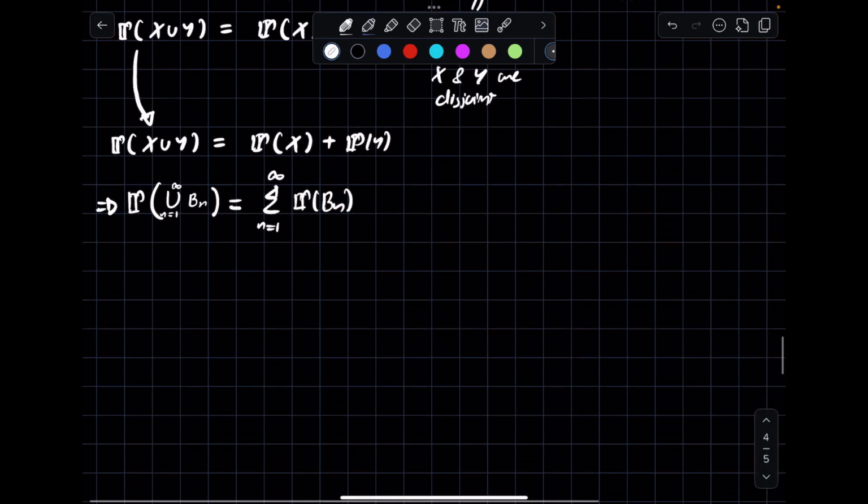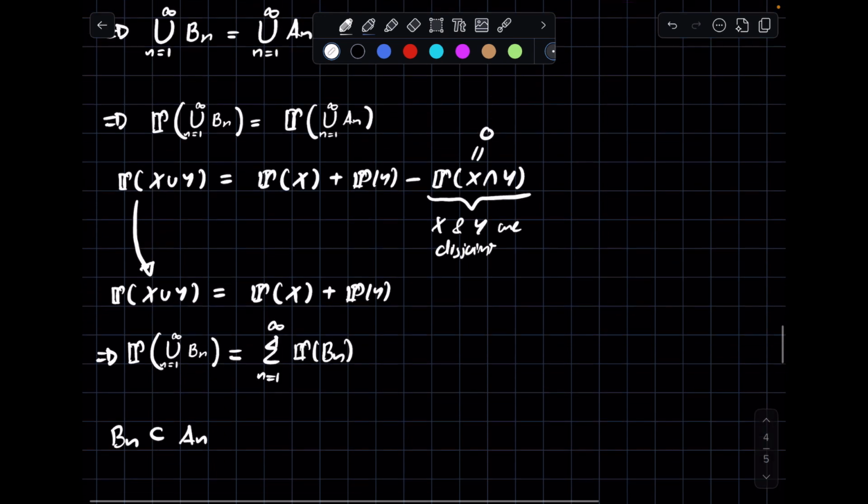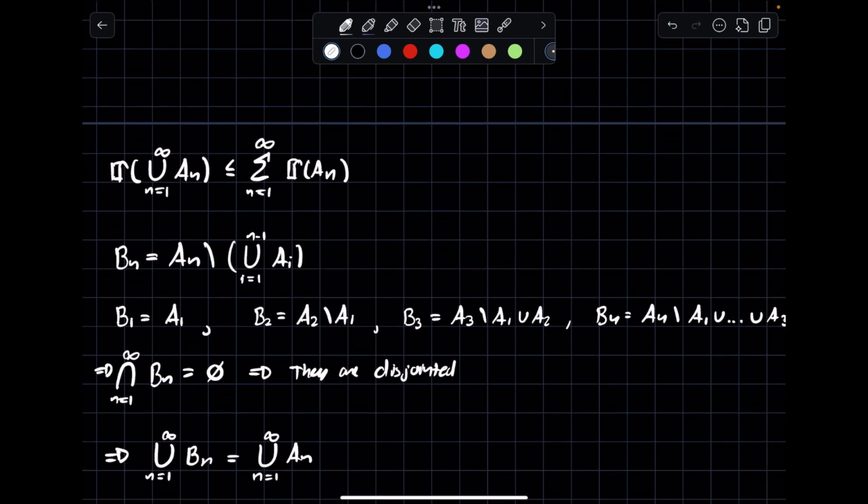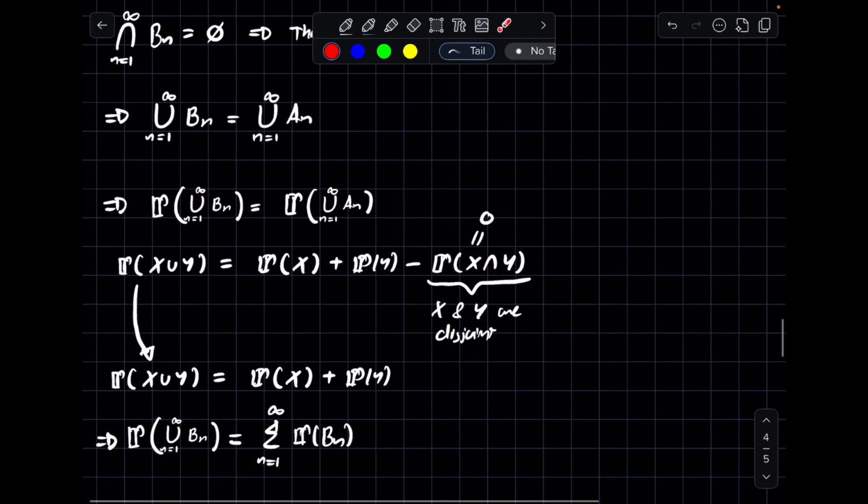Now, we know that Bn is a subset of A of n. Why do we say that? Because Bn does not include A2 or whatever. Maybe A1 is not disjoint, you know? Maybe A2, for example, could not be disjoint with this one. That could be a case. So in that situation, B2 would be a subset of this.